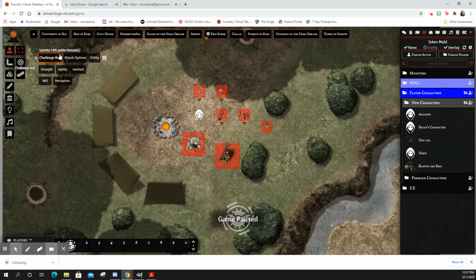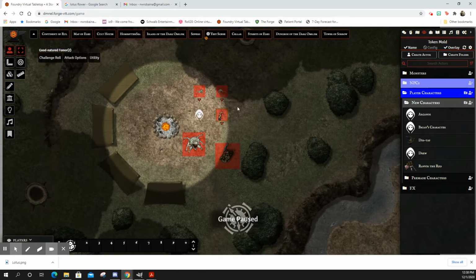The token action HUD, I think, is what this one's called. Normally I would have to click on each token, do a challenge roll, then move on to the next one, do a challenge roll, and so on.